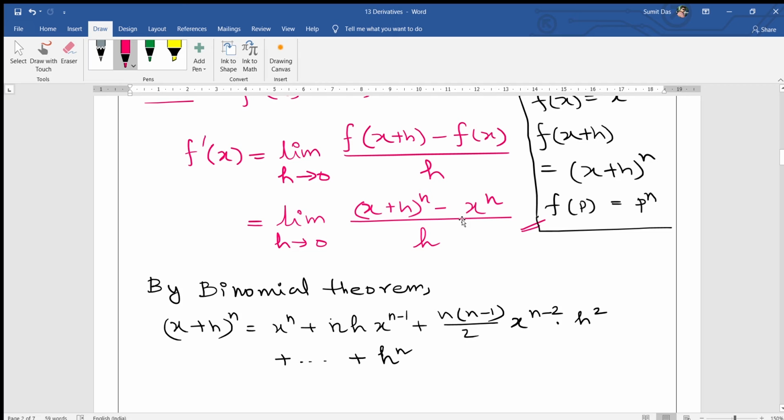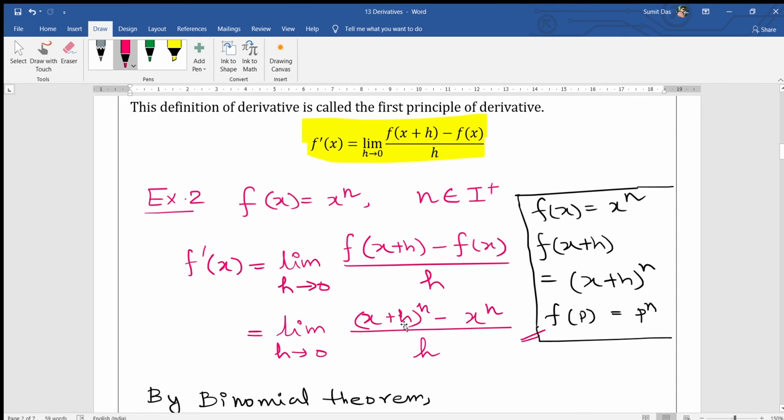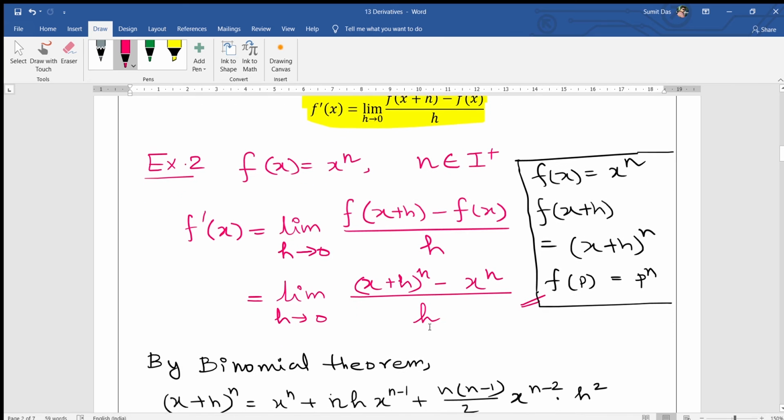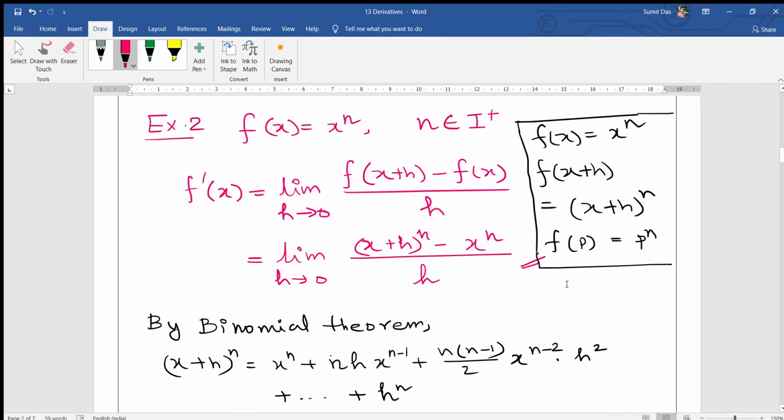I did not change anything else. I just changed f of x plus h to x plus h to the power n, and for f x we directly put the value: f x was given as x to the power n. I did not change anything else. Now let me know, is it clear?